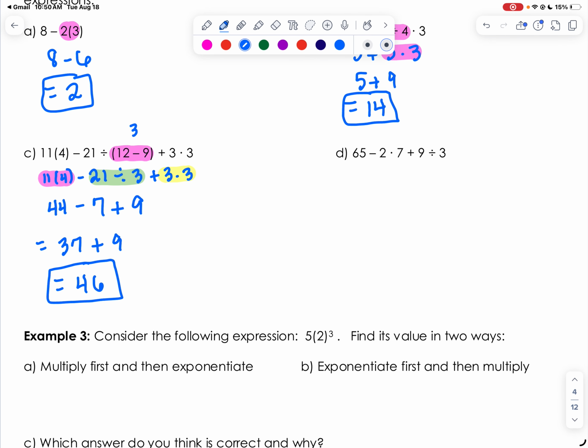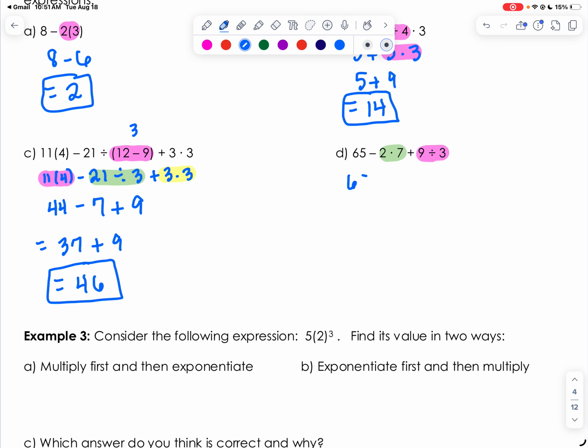All right, welcome back. So in this problem, we have subtraction, multiplication, addition, and division. So I'll do the multiplication and division first in order from left to right. So let me highlight that we're going to do this and then this, and then we'll do our addition and subtraction.